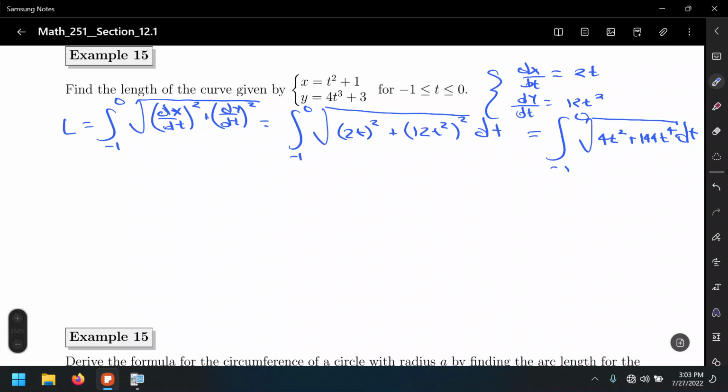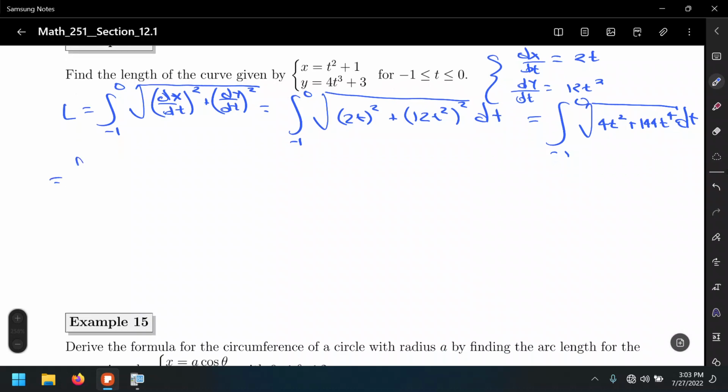In fact, notice there are GCFs and there are perfect squares that we can very easily factor out. So that's the square root. Okay, so it looks like a t squared is a GCF, and for the coefficients 4 is also a good GCF. And that's going to leave us with 4 times what number equals 144, I believe it's 36. 1 plus 36 t squared.